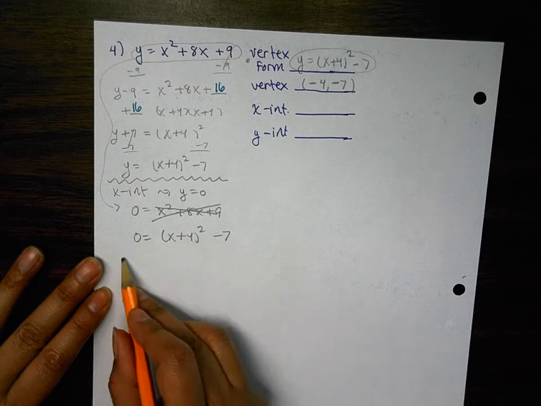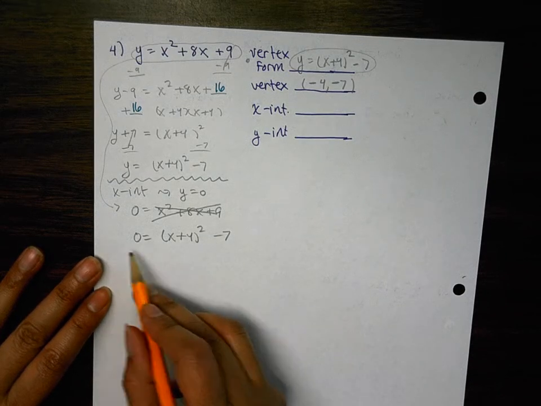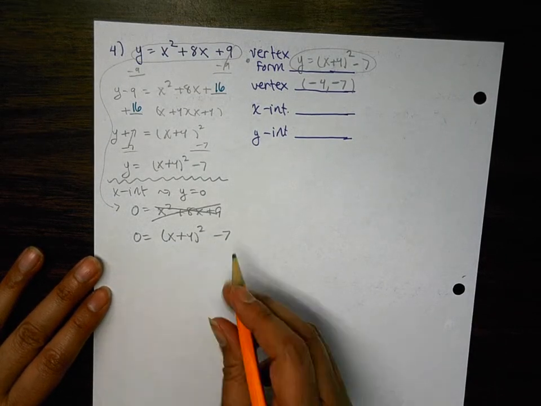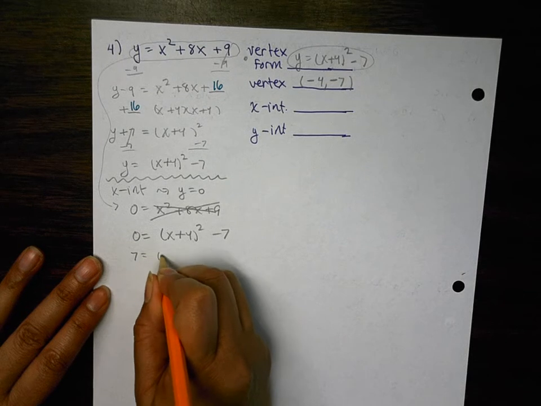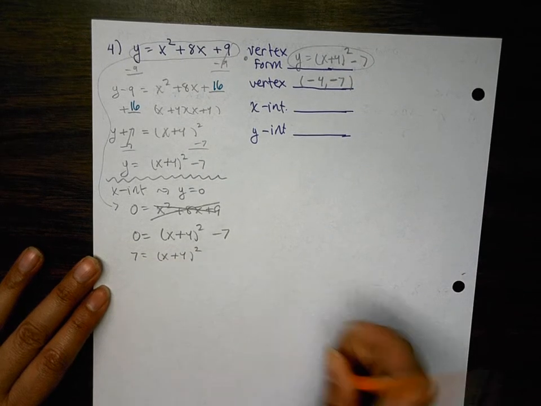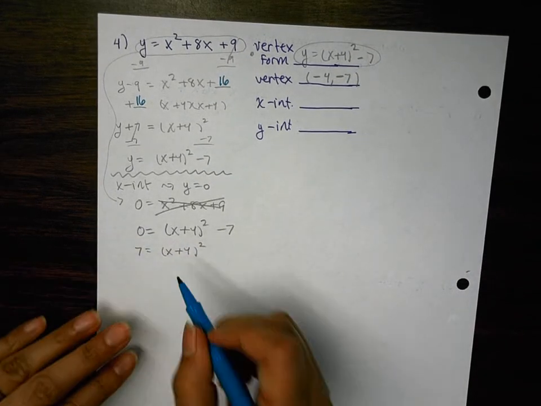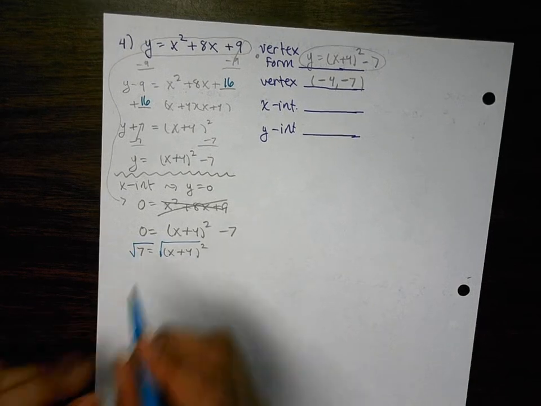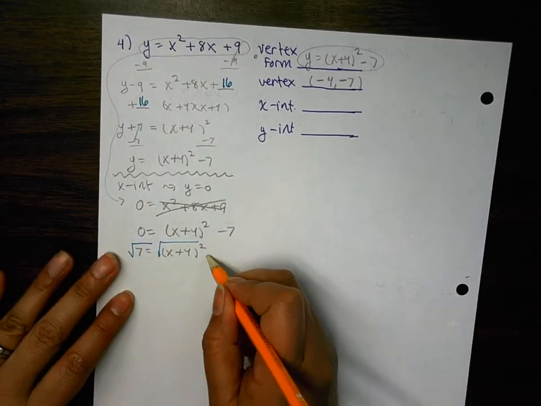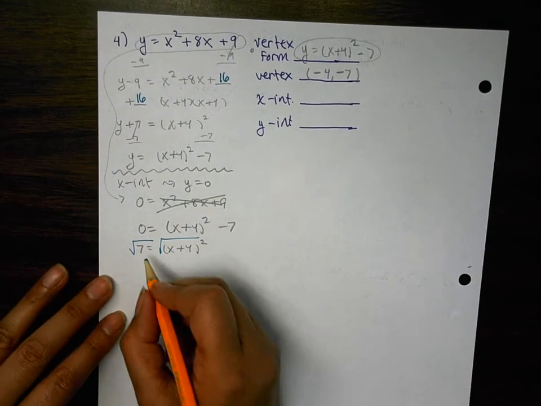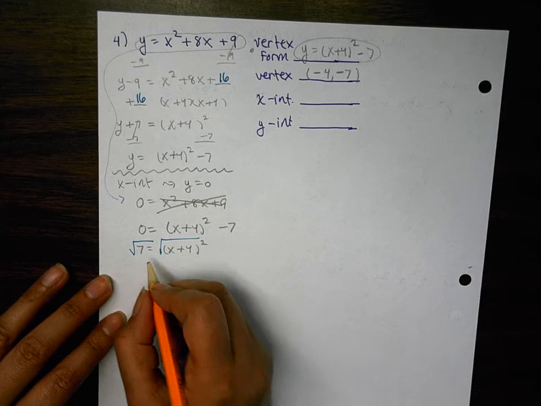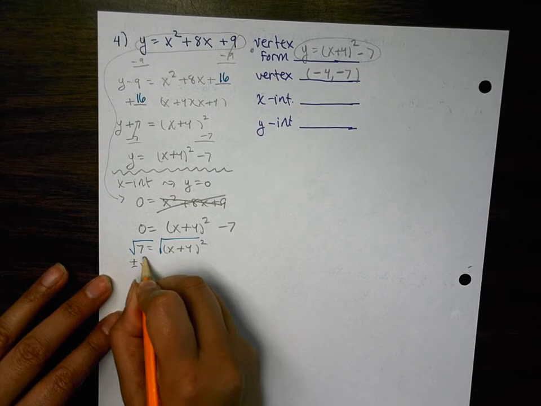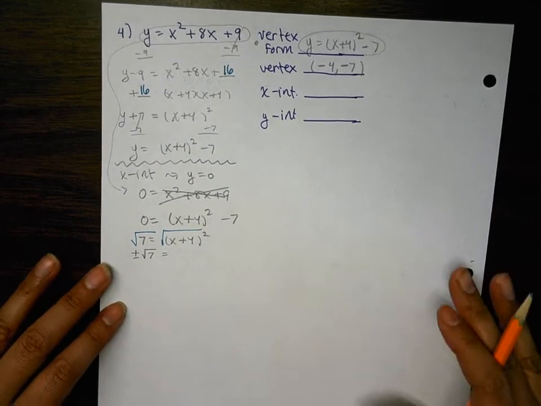How do I solve this? Now that I'm solving, what do I do? Well, we just add 7 to the other side, and then I do what? Square root, and what does that give me? Root 7 or plus or minus root 7?